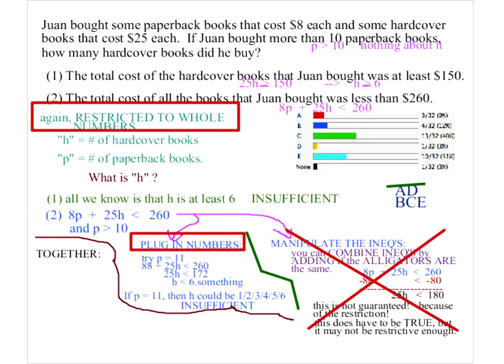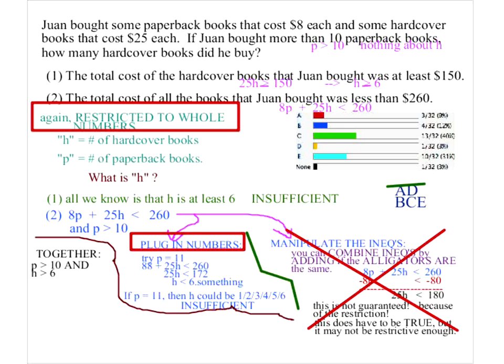Well, okay. One observation you want to make here is that the more paperback books you buy, the fewer hardcover books you can buy. So we know that P is greater than 10, and we know that H is at least 6.